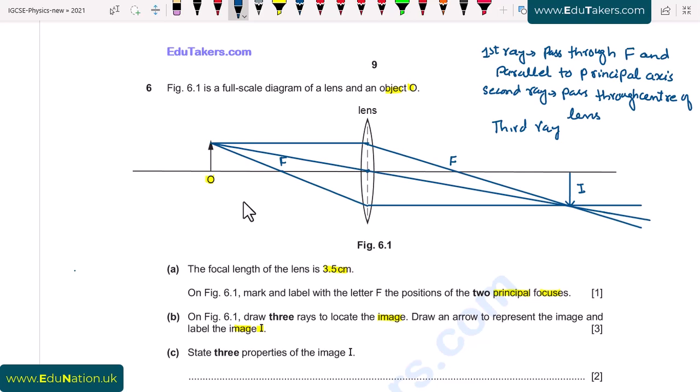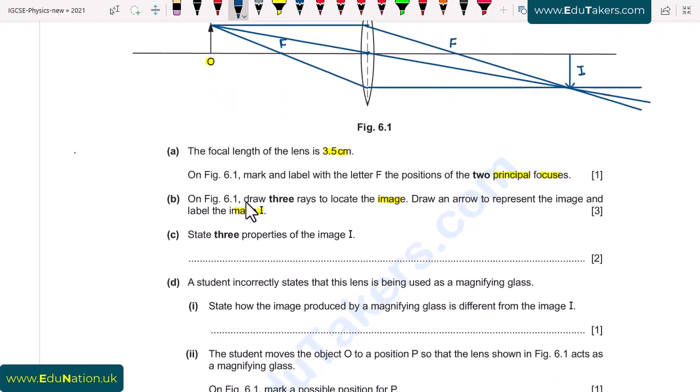So part C, state three properties of the image I. So this image is real, because this image is formed by the rays, not by backward extension of these rays.